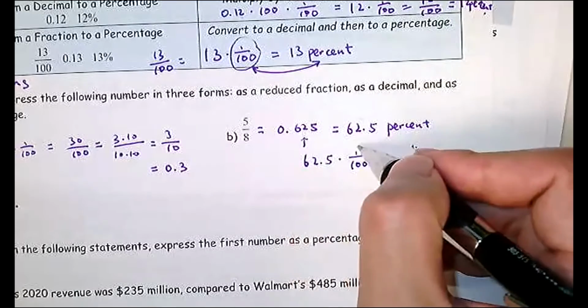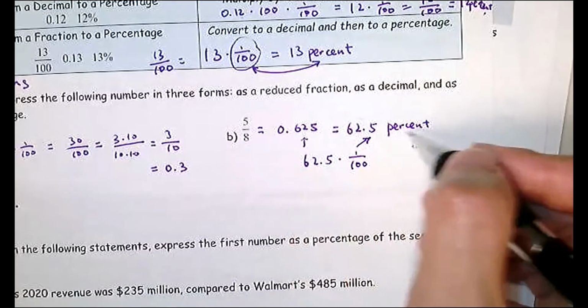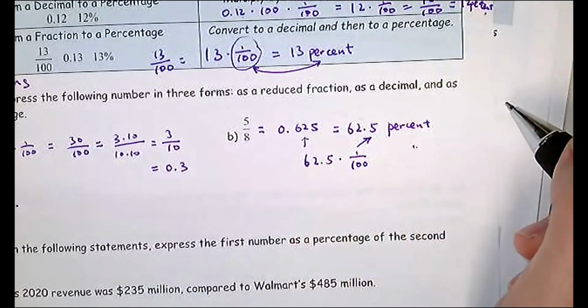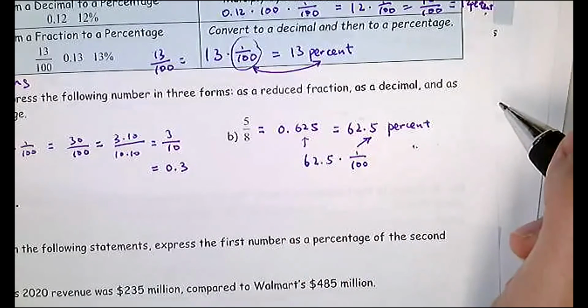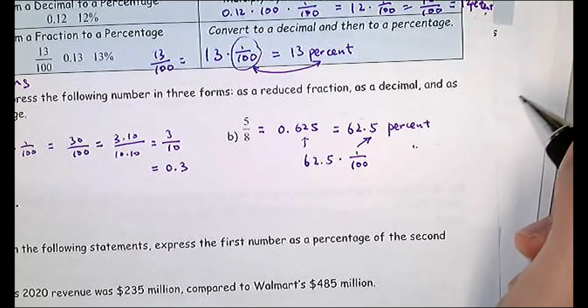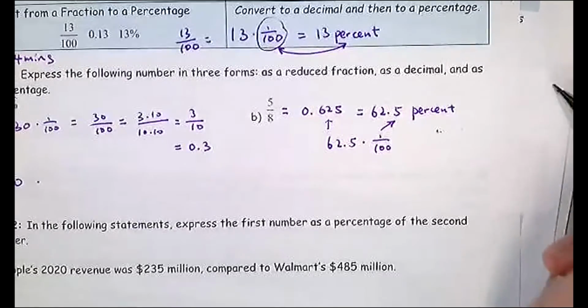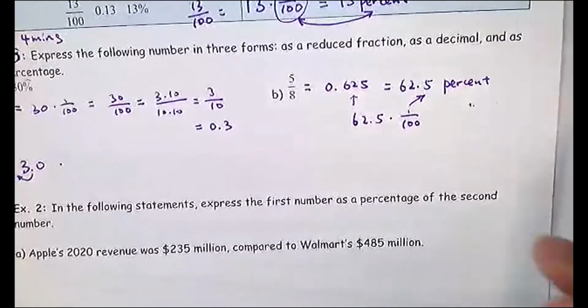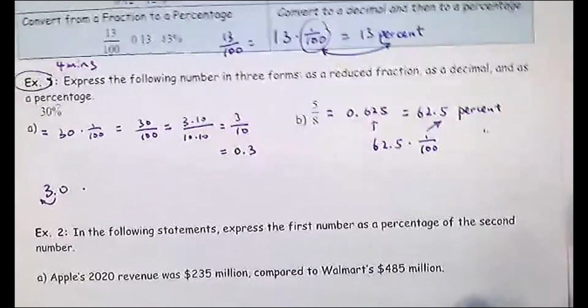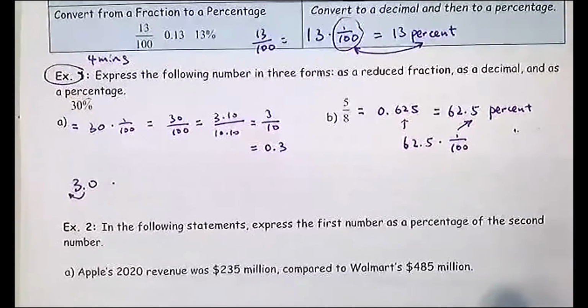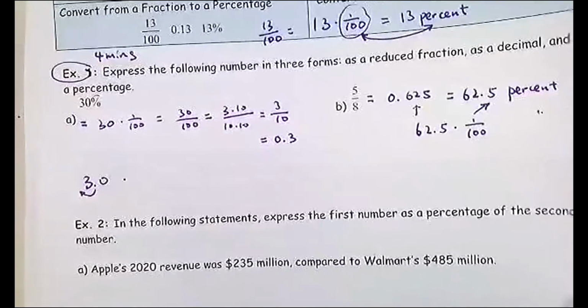So that's why we write 62.5% here. Okay, any question? Okay, let's continue to example 2.